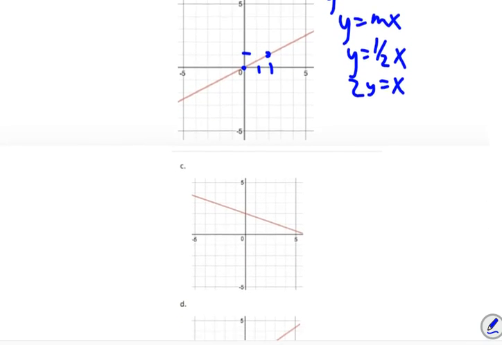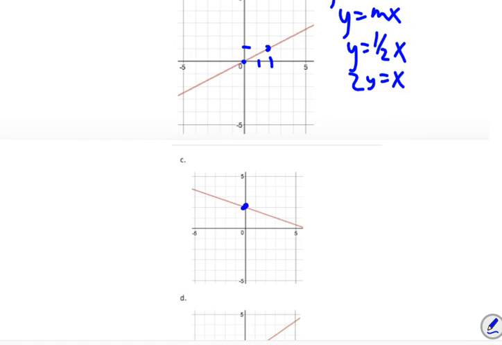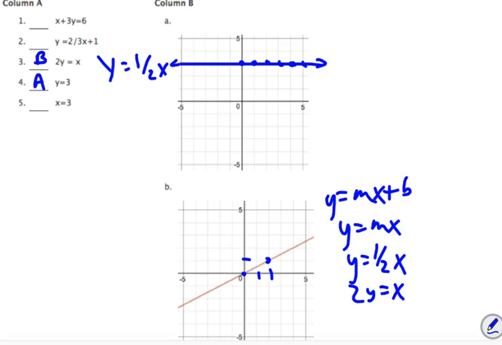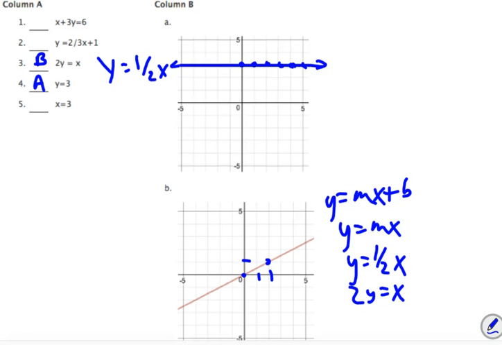And the next one has a y-intercept of 2. Do I have anything up there with a y-intercept of 2? Not obviously, but if you get this alone right here, you can see that the y-intercept is 2. If you plug in x is 0, you get 3 times 2 is 6.